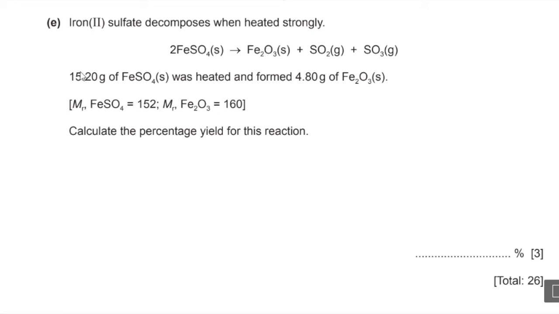You can use the mass of the reactant to calculate the number of moles of the reactant, and then use the equation to calculate the supposed amount of moles of the product which should form, and then use that number of moles to calculate its predicted mass. And then you can use the formula actual mass over predicted mass multiplied by 100.